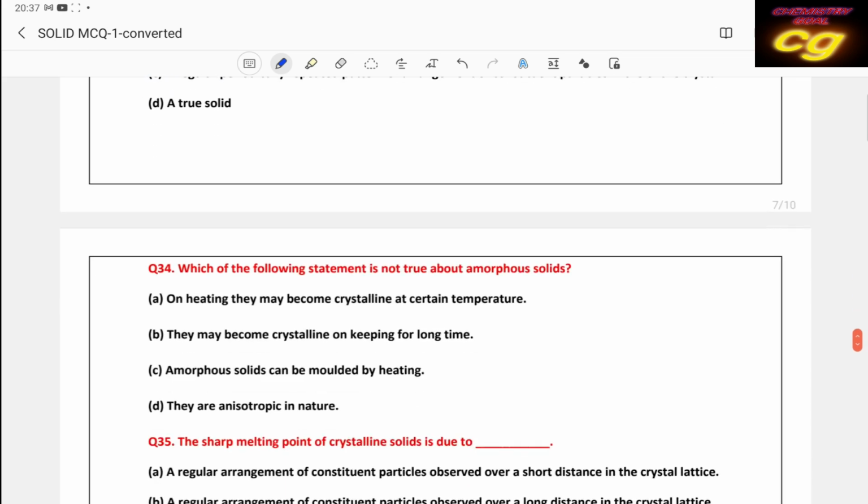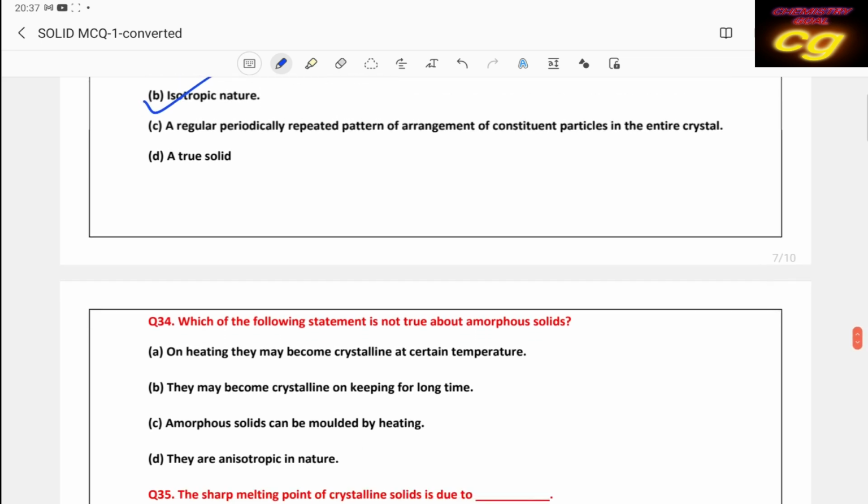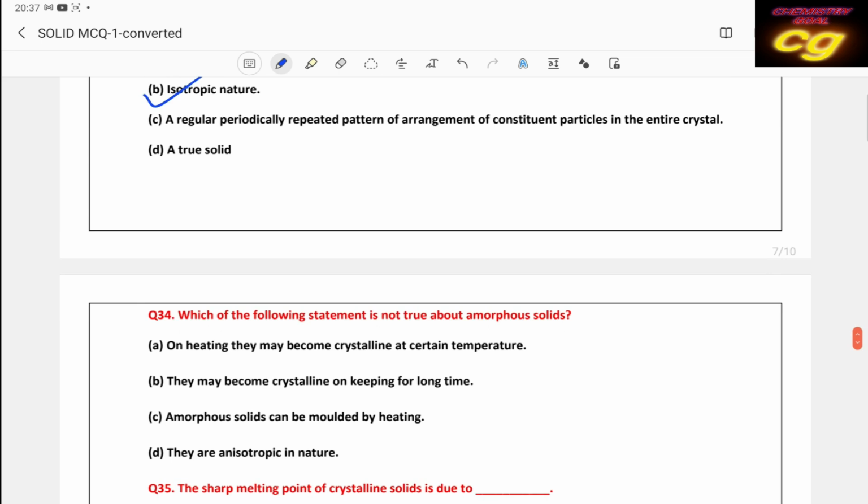Then 34, which of the following statements is not true about amorphous solid? On heating they may become crystalline at a certain temperature, they become crystalline on keeping for a long time. Amorphous solid can be molded by heating, they are anisotropic in nature. So which is the correct answer you think? They are anisotropic in nature.